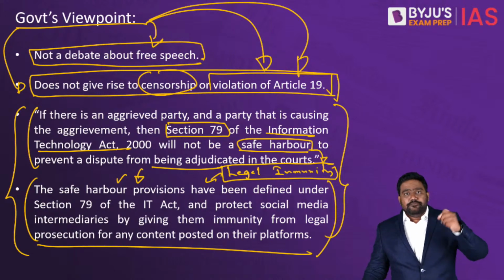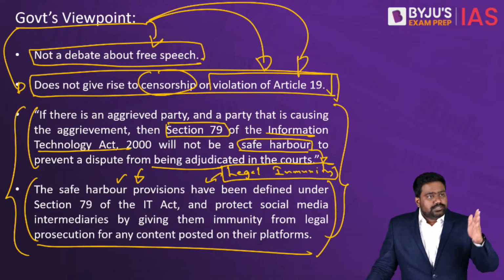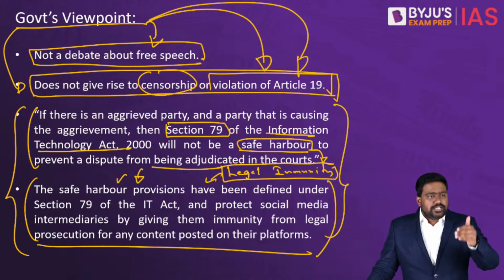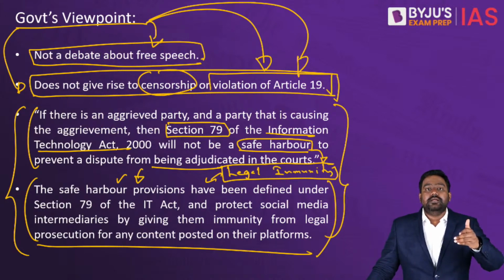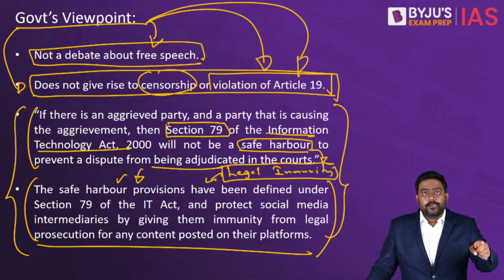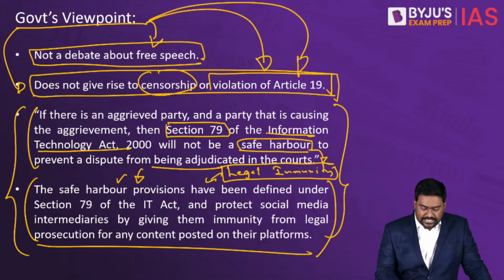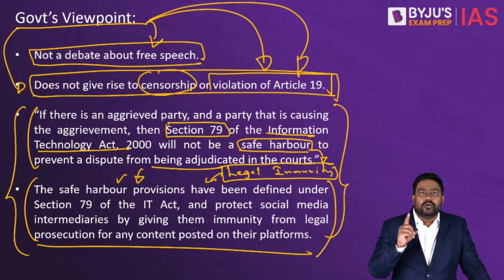The company itself will not be held liable for that, because the company is not owning the content, it's not posting the content. It's a user who's posting the content. So the user who's responsible for such fake news or misinformation, they would be held liable legally under the previous provisions. Because these companies were given an immunity, a legal immunity, a safe harbor provision was included under Section 79 of the IT Act.